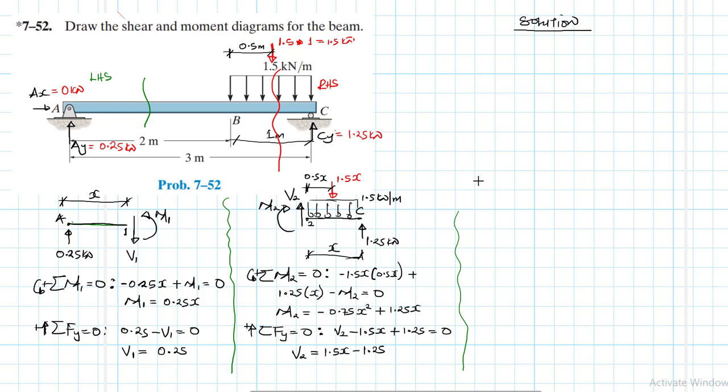We have two sets of equations for the two intervals, right? From A to B, that's from 0 to 2 meters, which is here, okay, and then from 2 to 3 meters, which is here, right? Great.